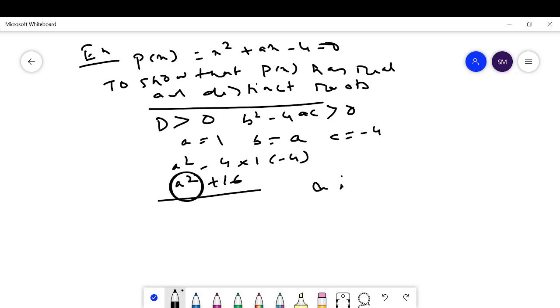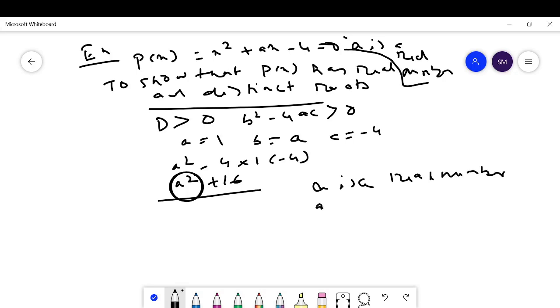When a is a real number, where the condition is given that a is a real number, this means a square is always greater than or equal to 0.